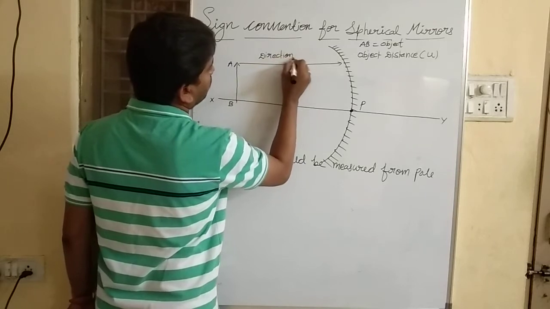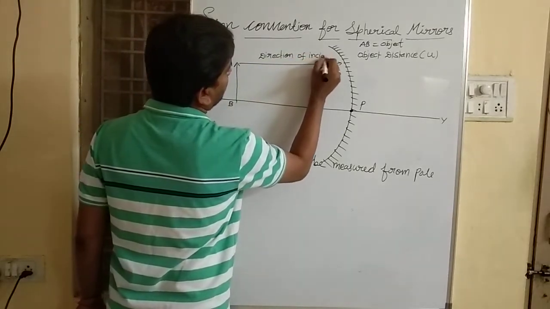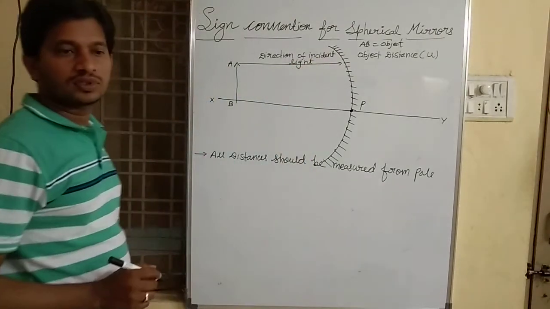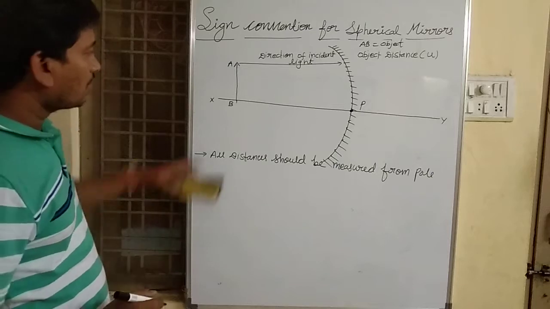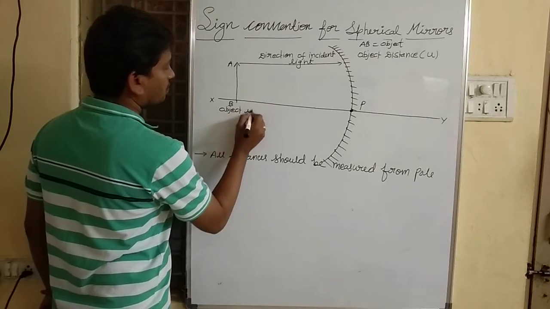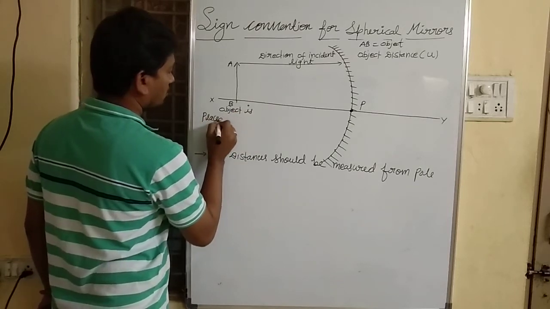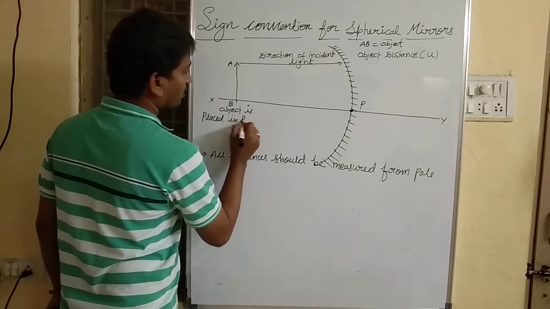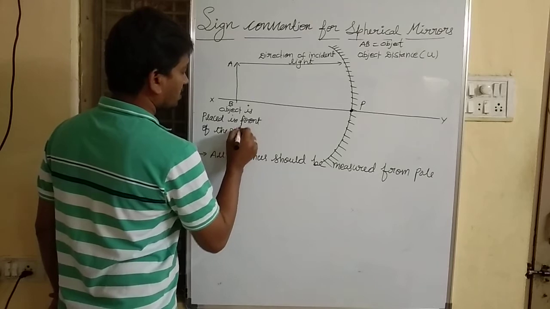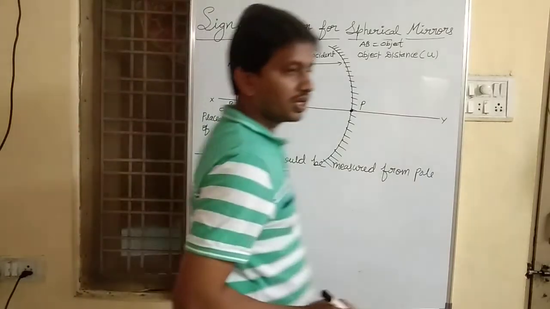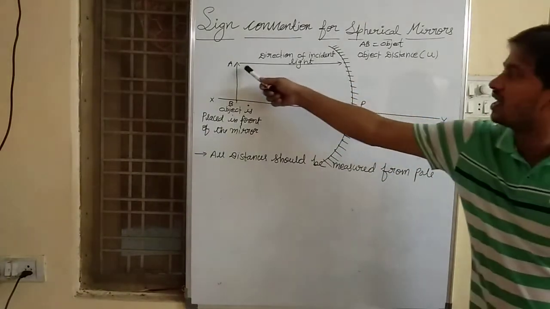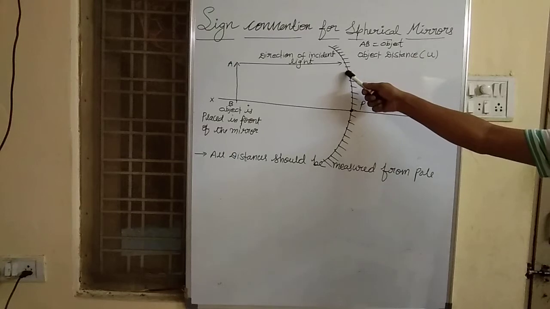The object is placed in front of the mirror, as you can observe here. The light is coming from this side. This is our direction of incident light.